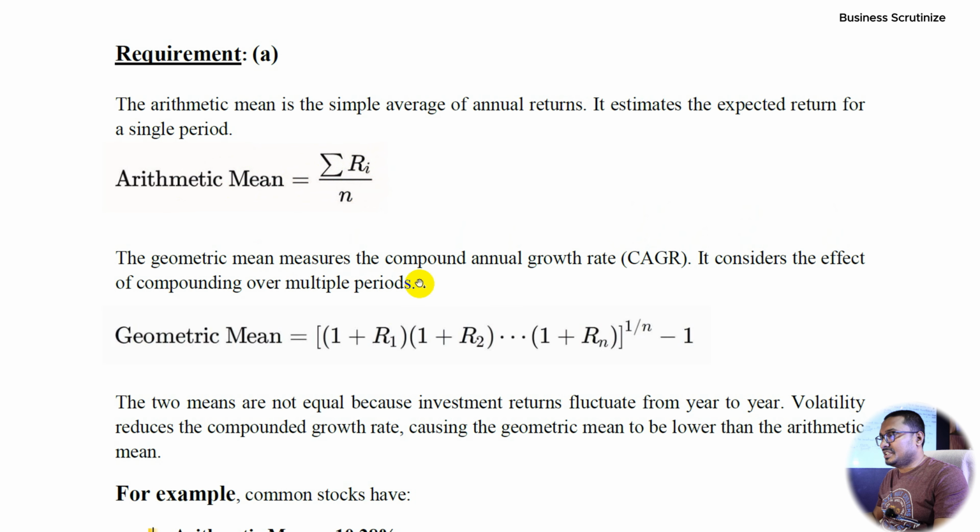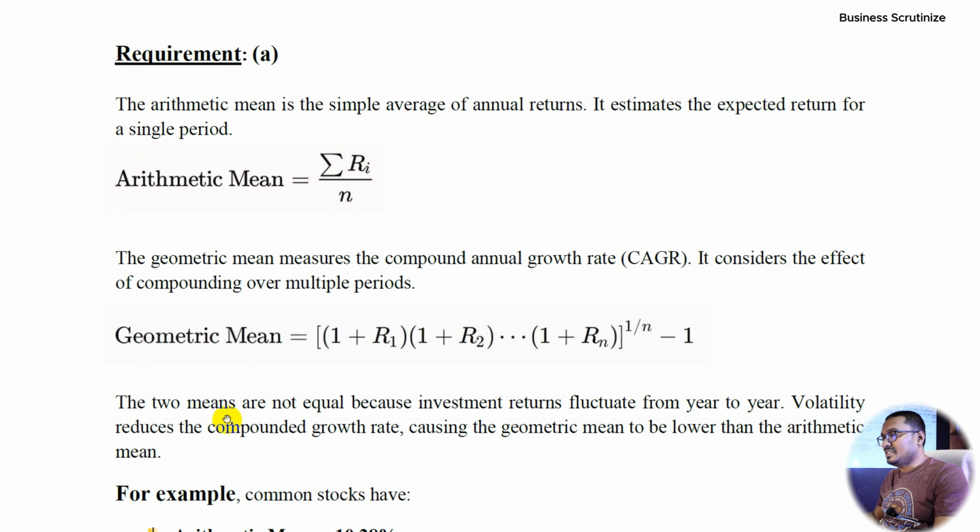The geometric mean, GM, can be computed by this formula: (1 plus return 1) times (1 plus return 2), and in this way up to (1 plus nth return), raised to the power 1 by n, or nth root, and then we subtract 1. This is the formula of GM.